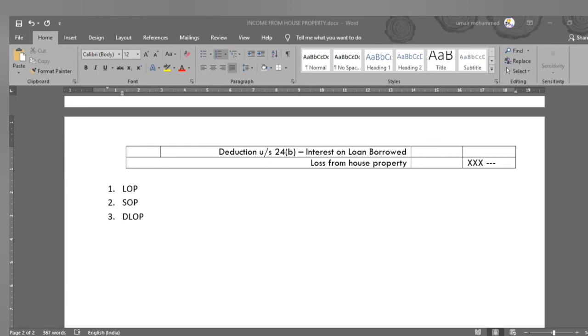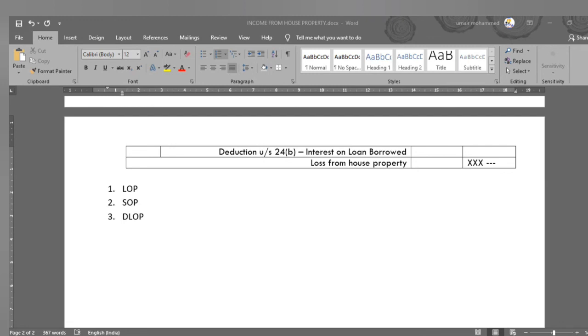So the income tax department says you can't have more than 1 self-occupied property. Even if I give that property to my children, it is also my house only, because the house is registered in my name. Technically you can have as many self-occupied properties, but for tax purposes you can have only 1, and you can claim deduction only for that 1 self-occupied property.